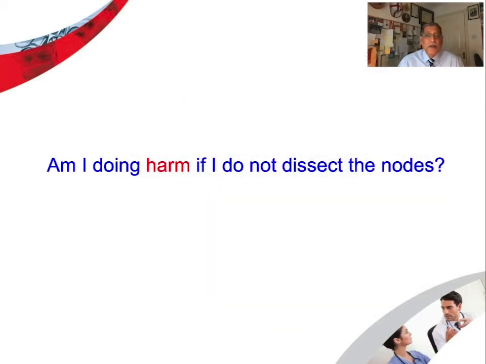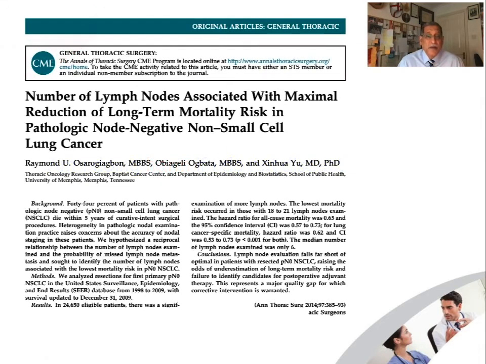If you were completely altruistic and asked the question, am I going to harm my patients by not dissecting the nodes? The answer to this question is to be found in this publication from Memphis, Tennessee, published in 2014. This was a retrospective study on 25,000 patients on the SEER database, the Surveillance, Epidemiology, and End Results patients from 1998 to 2009.